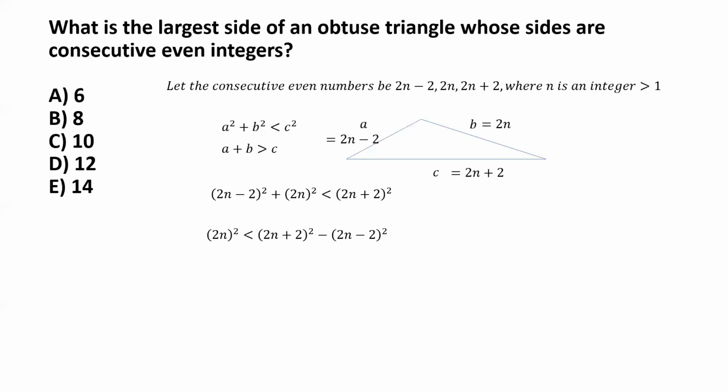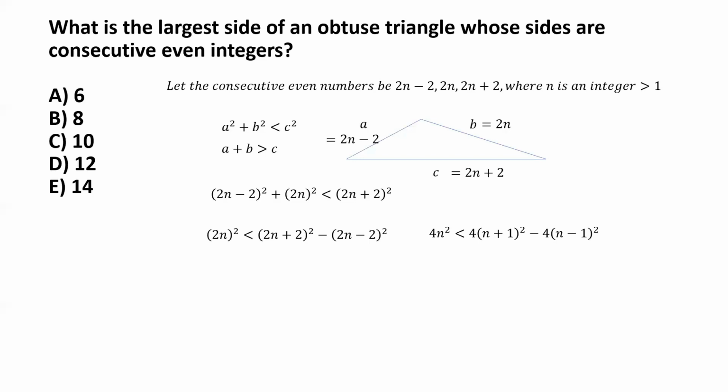And on the left-hand side, you have 4n square. And then on the right-hand side, we can take the 2 out of the parenthesis. But since there's a whole square, that becomes 4 when we take it out of the parenthesis.